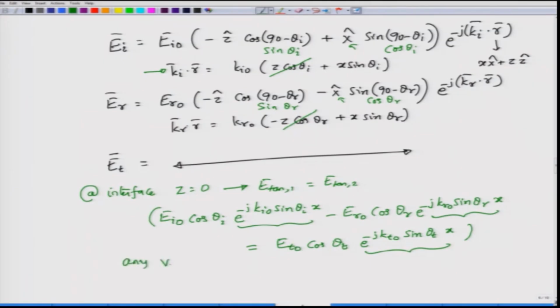is that we satisfy the phase condition, that is k I 0 sin theta I equals k r 0 sin theta r, which is equal to k t 0 sin theta t. Very interestingly, k I 0 magnitude will be equal to k r 0 magnitude.